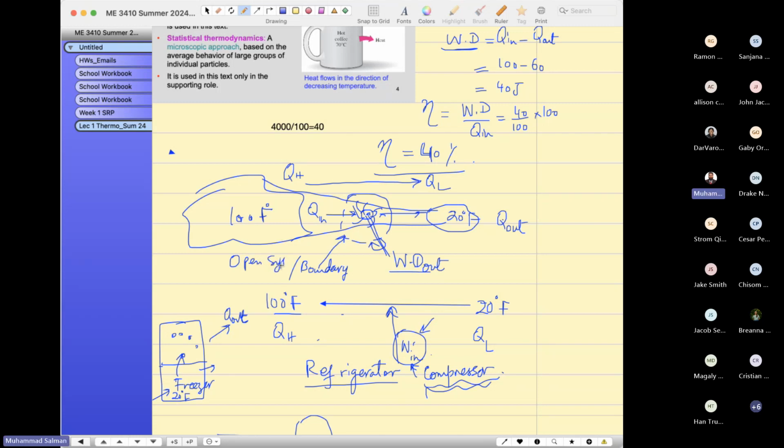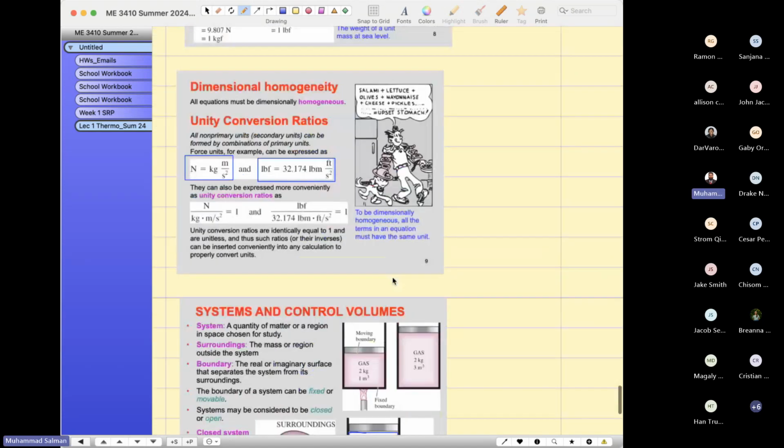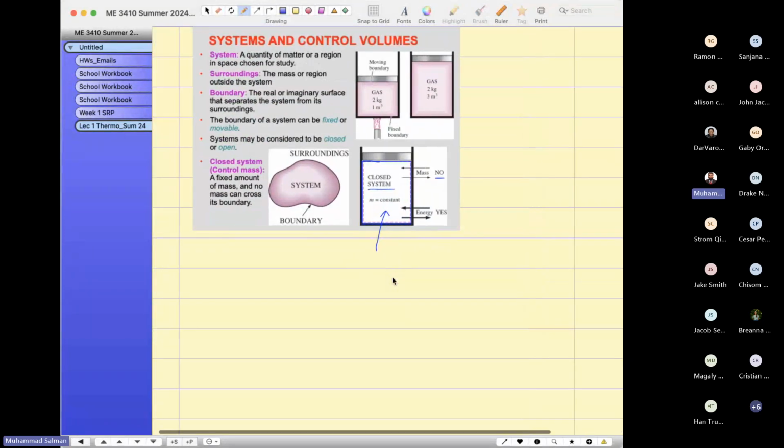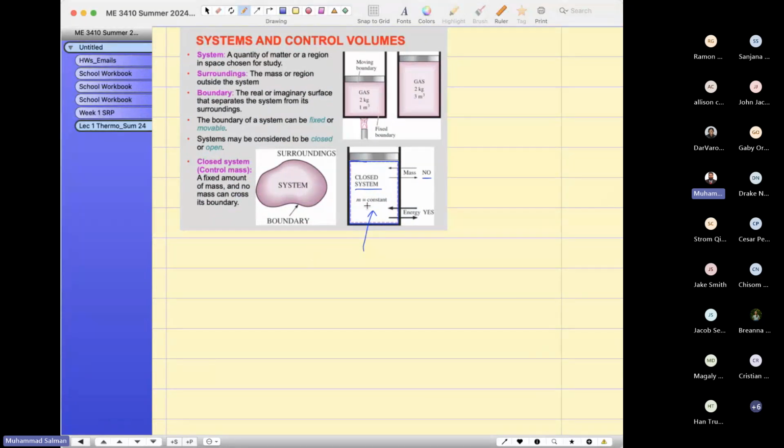The mass can go inside and outside. But when the mass is enclosed inside the container, the closed system, energy can transfer, but mass cannot transfer.